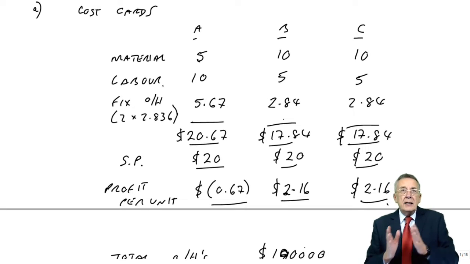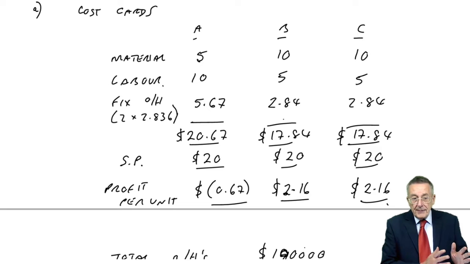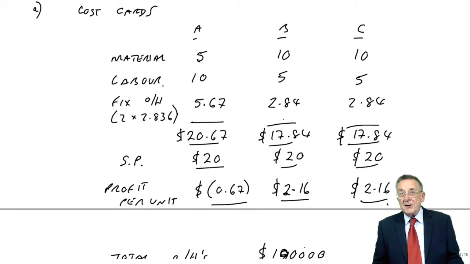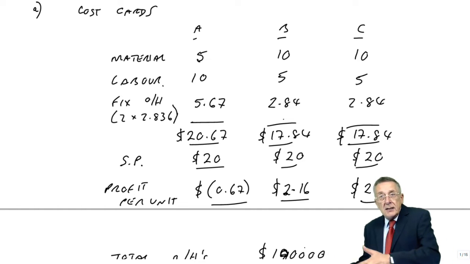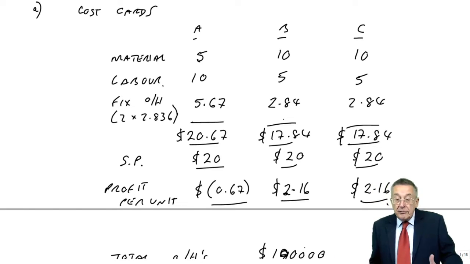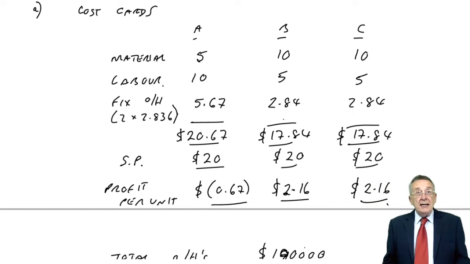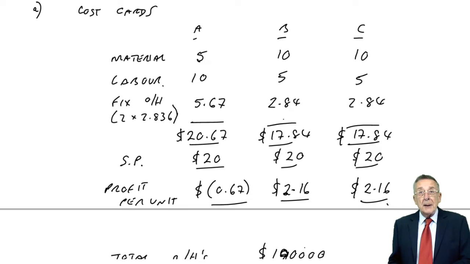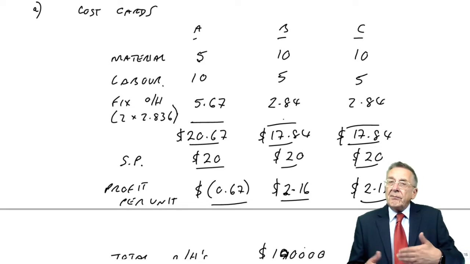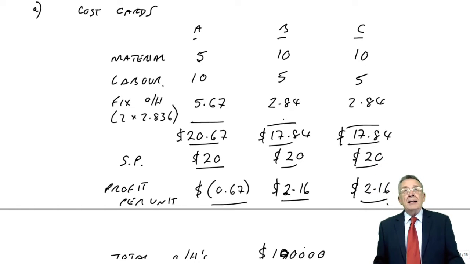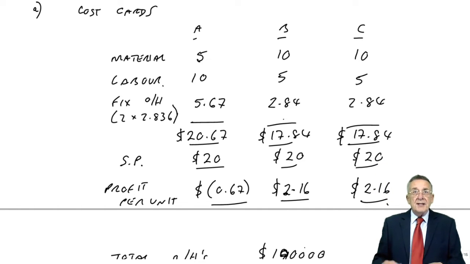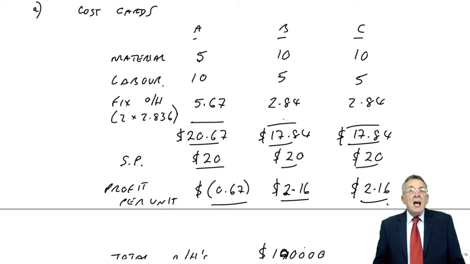Then maybe we're making them in batches, so it's not just 20,000 As at once. We may make 1,000 each time, 20 times. But every time we change the machines for the different product, we need to reset the machines, and perhaps we've got 5 men whose job it is to reset the machines, and we're paying them in total 90,000.